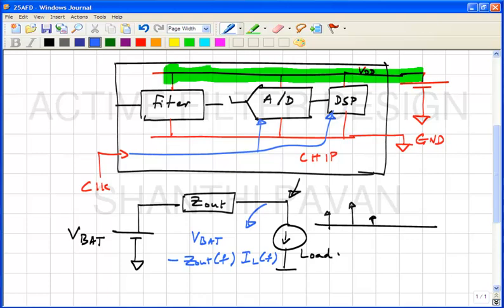So please note that it is not just sufficient that Z out be 0 at DC. You understand? It must also be 0 at F clock and all its multiples. You understand? Why is that important?